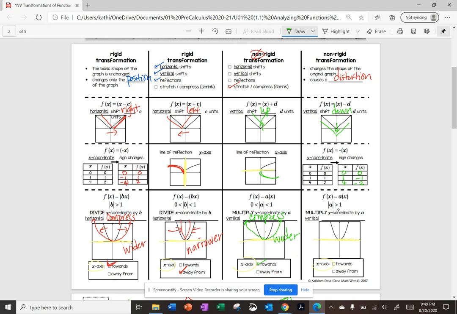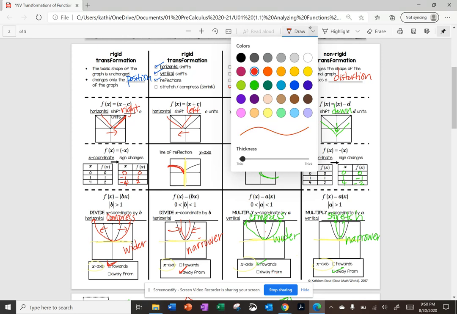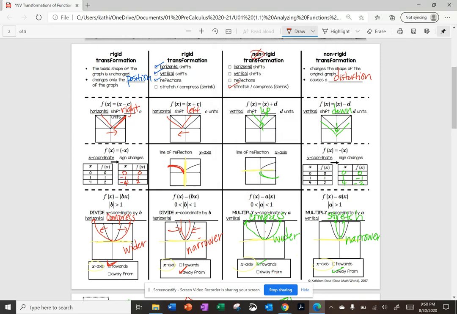So when my A transformation value, absolute value, is greater than 1, I would call this a stretch. So this would be where I'm saying I'm pulling on your arms and your elbows are going away from the x-axis. So we would say narrower. And I see I didn't write one of the horizontal transformations. So over here, when I said it was narrower, this is a stretch. Okay, so this is my foldable version of the 4 transformations.